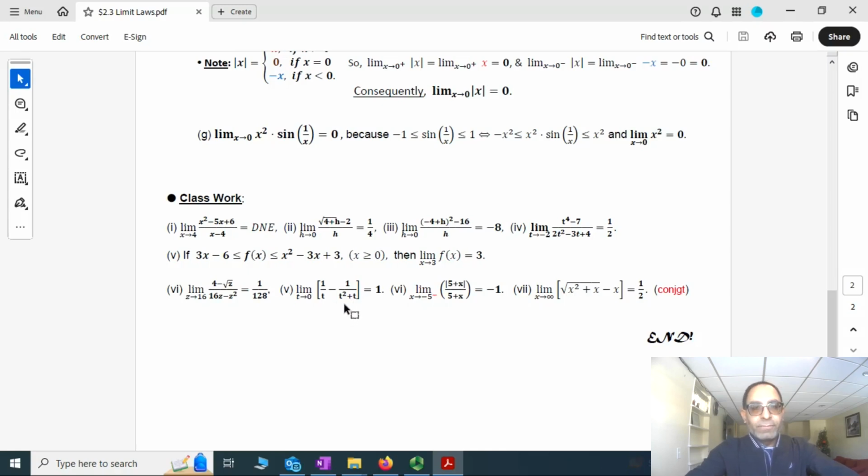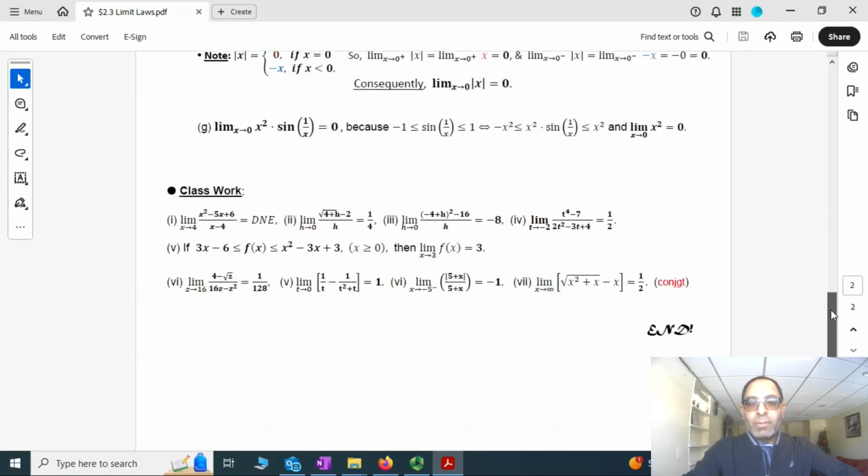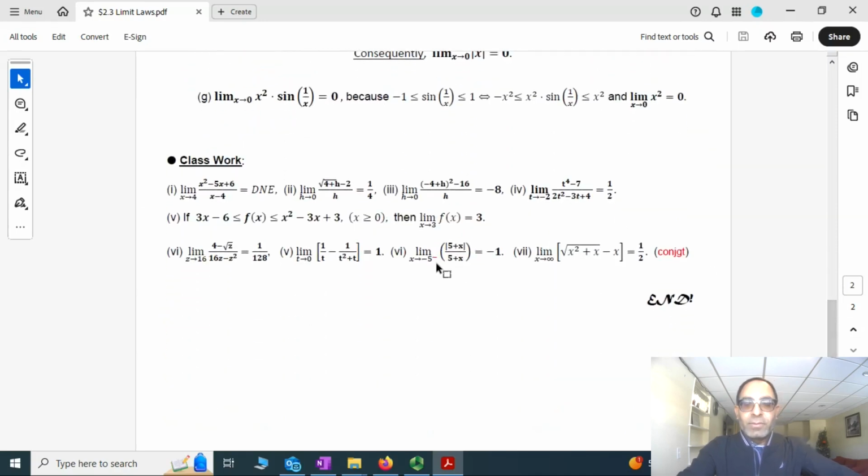You simplify these two fractions, and for the next question you need to use the absolute value function in the numerator, which we defined here. Use this idea, then you should be able to find the limit of these questions.